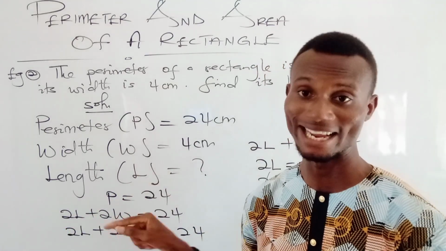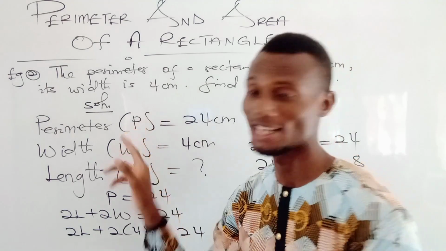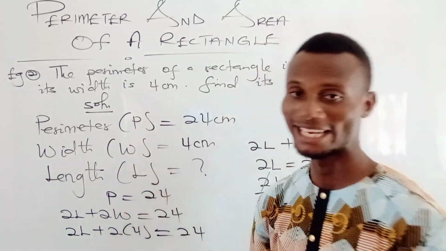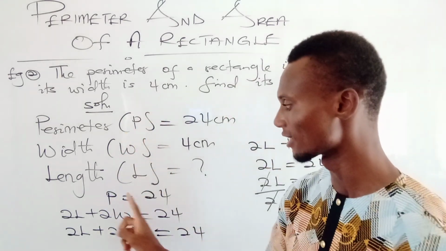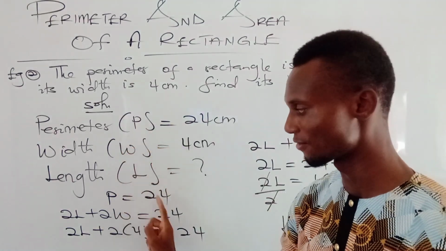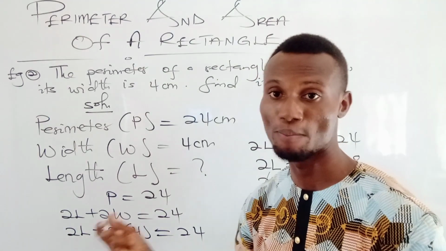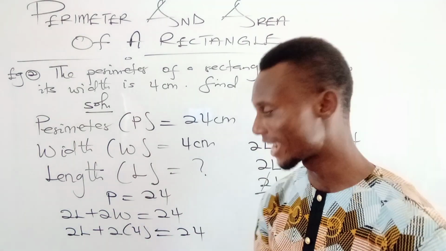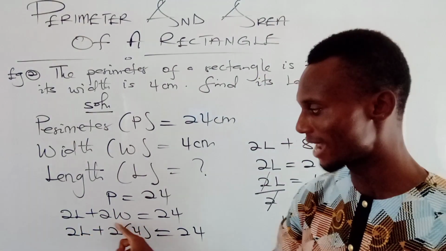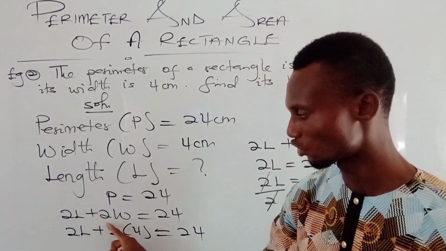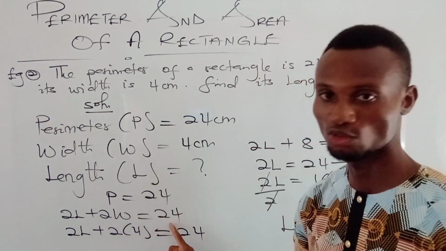So we can get the length from the perimeter. How do we do that? We say our P equals to 24. In place of P, we place the formula for finding the perimeter of a rectangle there, which is 2L plus 2W equals the 24.